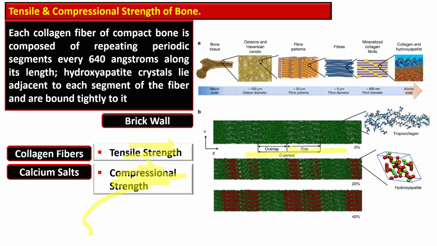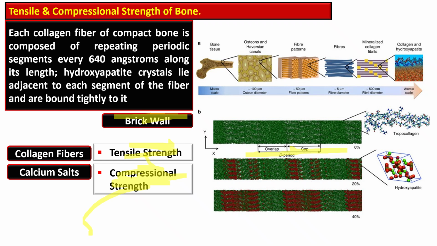So the collagen fiber overlaps hydroxyapatite crystals, interlocking like bricks in a wall. This interlocking design prevents cracks and ensures shear resistance.